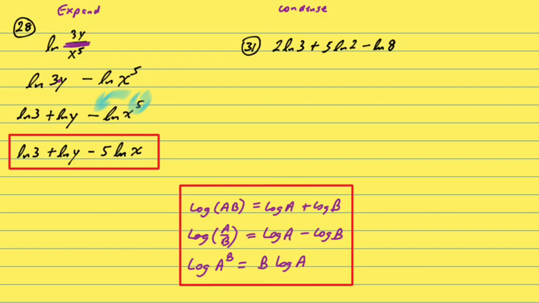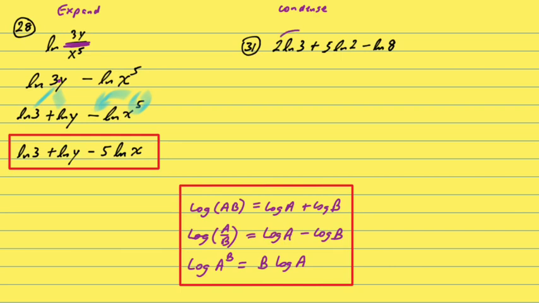Again, log of the top minus log of the bottom, that's right here. Then because it's multiplied, you break it into the sum of two logs. And then if there are any exponents, like the 5, I pull them out front. Now in condensed, we go the other direction.